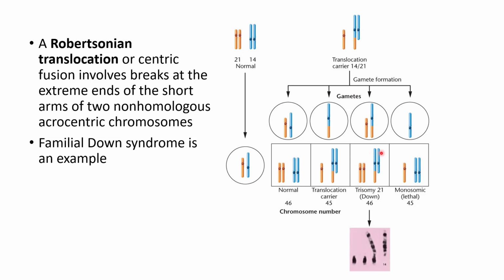They have a copy of the 14th chromosome that has that extra bit on there. They have a normal copy of the 21st chromosome, and then when they pair with another individual that has a normal 21st and 14th, that results in this, which is essentially like a trisomy for 21.